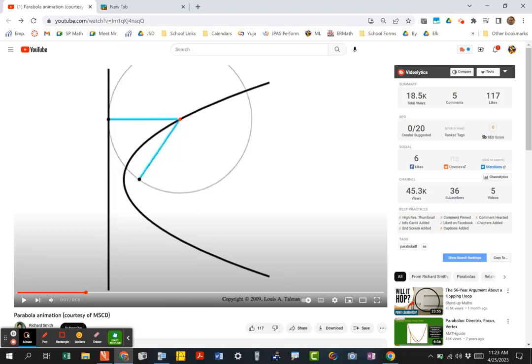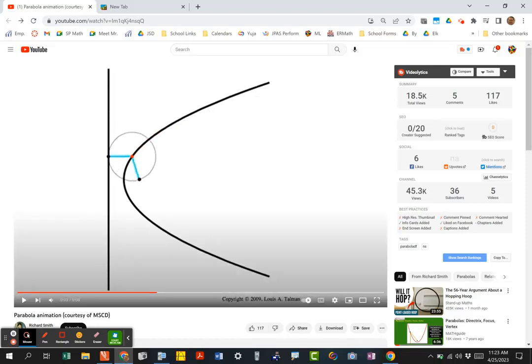So this dot right here is the focus. This is the directrix. And these blue lines are both radii of a circle. So this blue distance is exactly the same as that distance right here. I'll let it play again just a little bit, and then I'll stop it there.